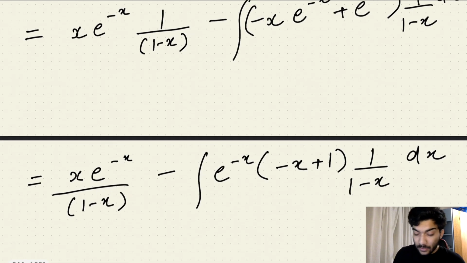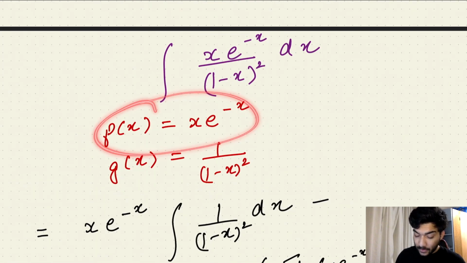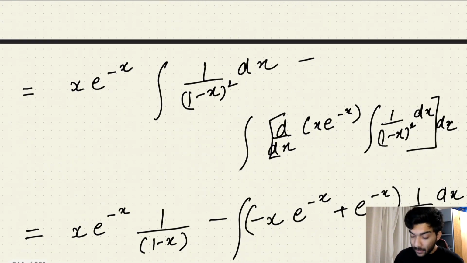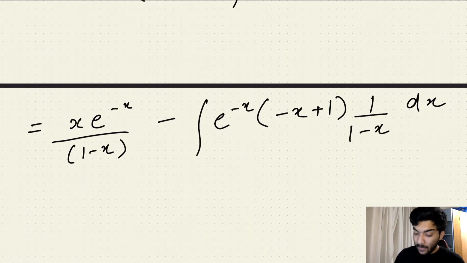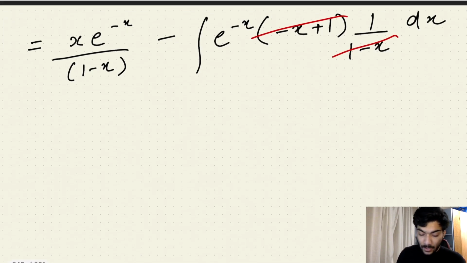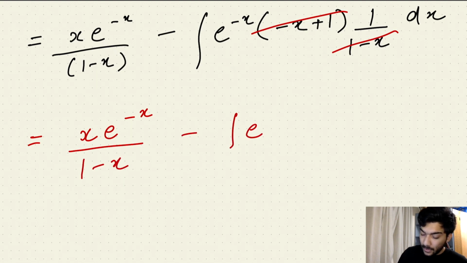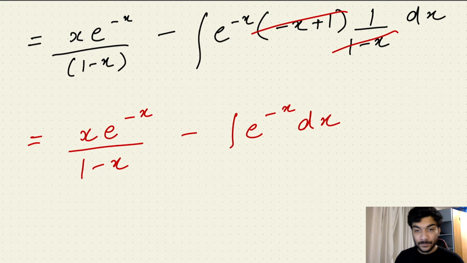And now you'll realize why we took our first function to be this one and second function to be this one. That was only because if we do that, we have a 1 minus x term in the numerator, and we also have the same 1 minus x term in the denominator as well. So now we can just simply cancel this 1 minus x with this 1 minus x, and our final integral expression will basically be x e to the power minus x upon 1 minus x minus integral e to the power minus x dx, right?